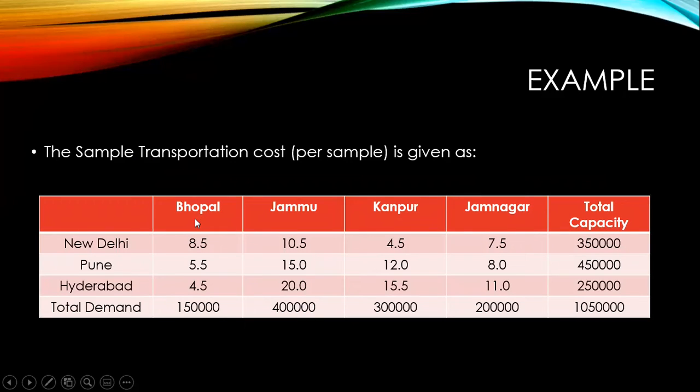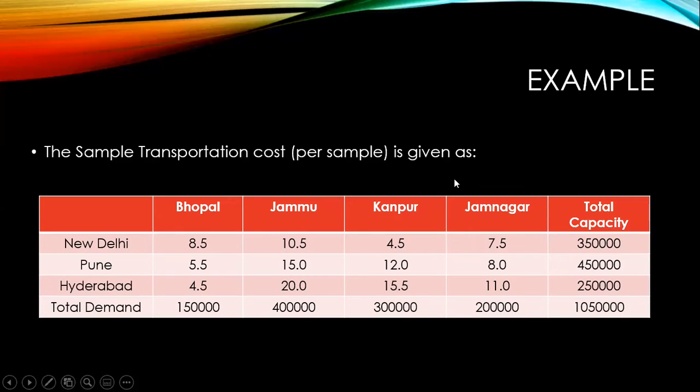In a tabulated or matrix form, the problem can be represented like this. These are the sources, the service provider laboratories, and these are the centers which demand tests. These are the demands, and these are the service capacities which can be provided. The total service capacity is equal to the total demand. Hence, this problem is a balanced transportation problem.